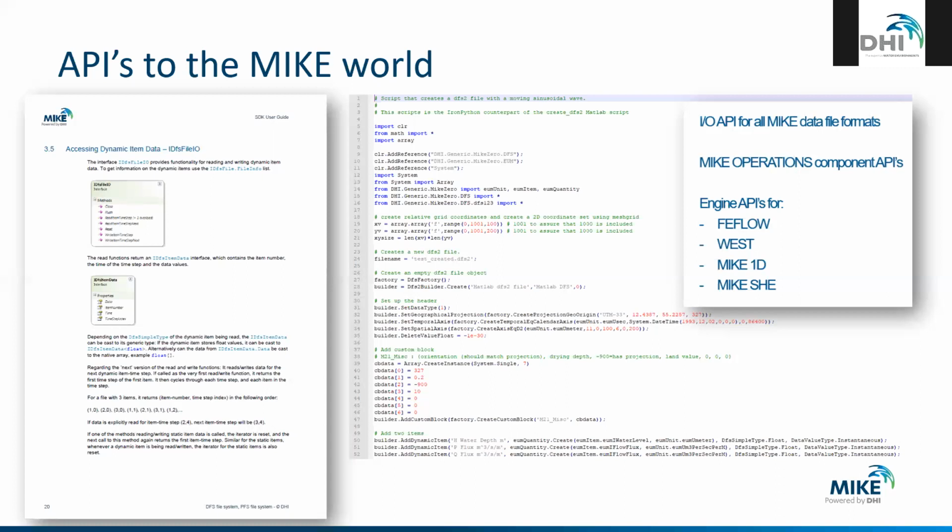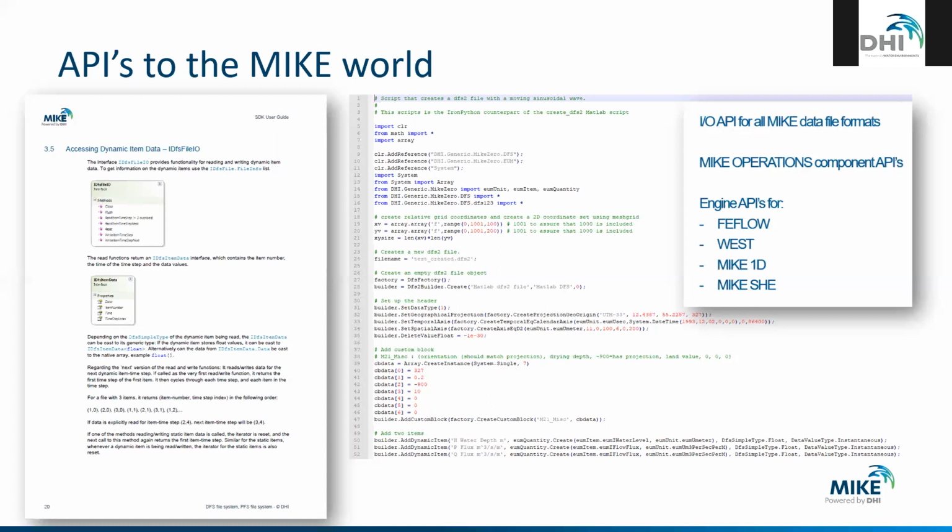And then we have a number and a growing list of APIs for our simulation engines. And this is super exciting. So the engines that I've listed there are FeFlow, which is the groundwater simulation software. WEST, the wastewater treatment plant simulation software.